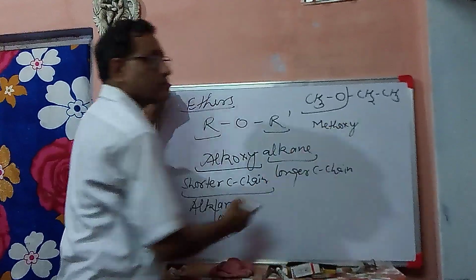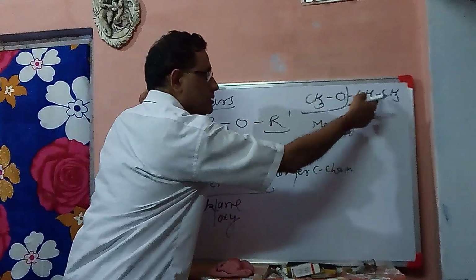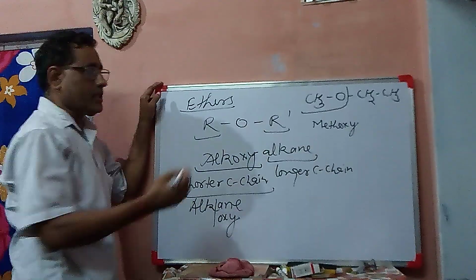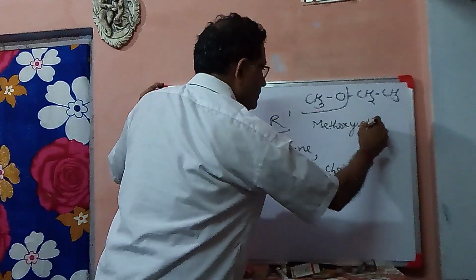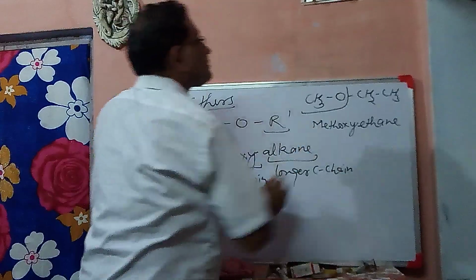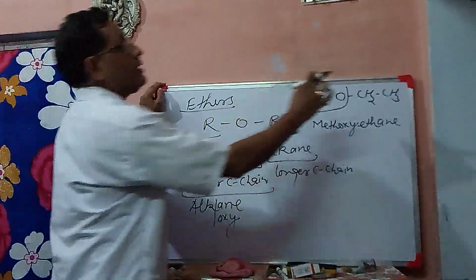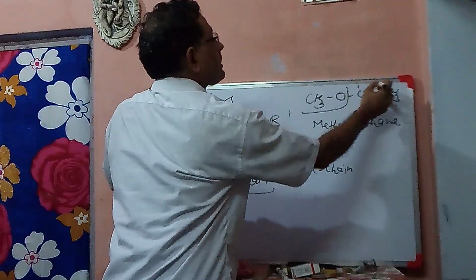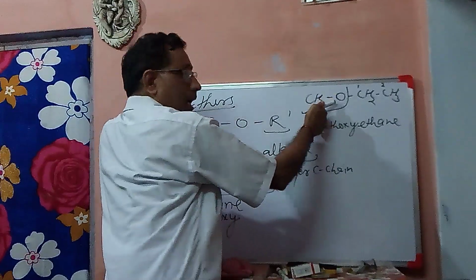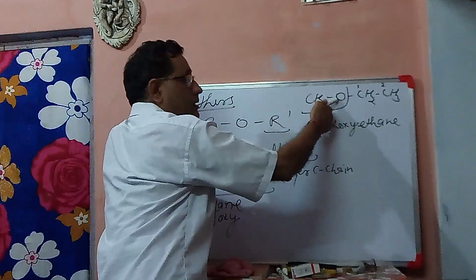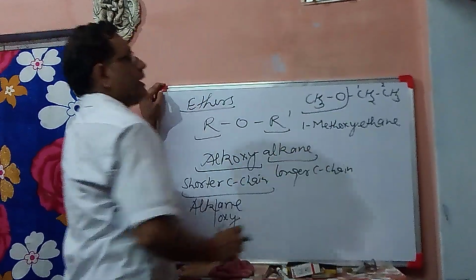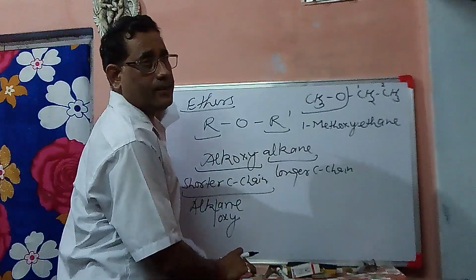And the long carbon chain has two carbon atoms, so its name will be ethane. Clear? The alkoxy group is attached on the first carbon, so you can write 1-methoxyethane.